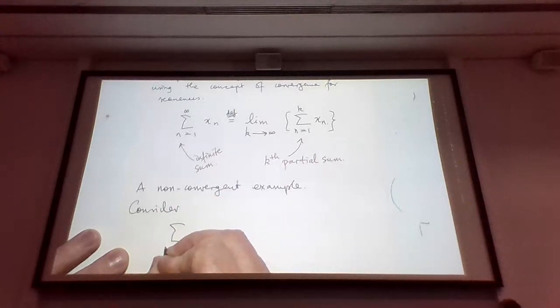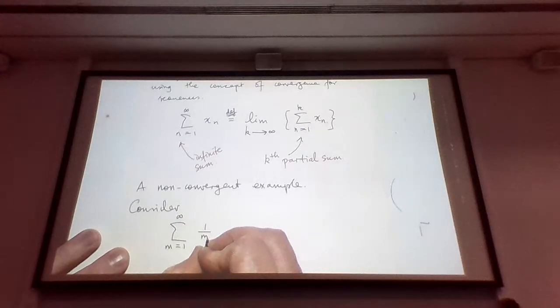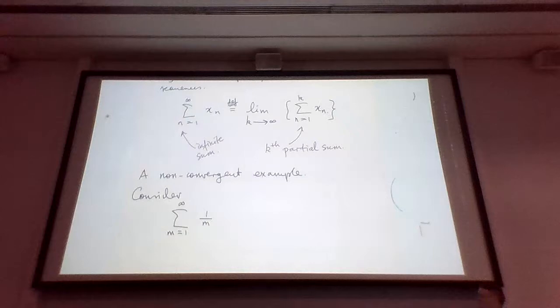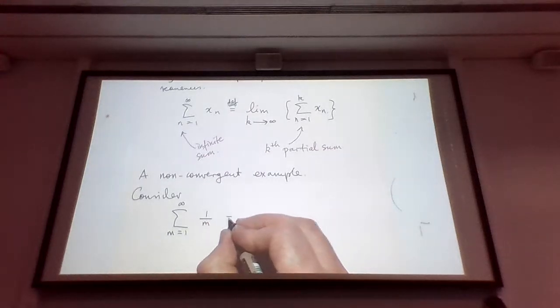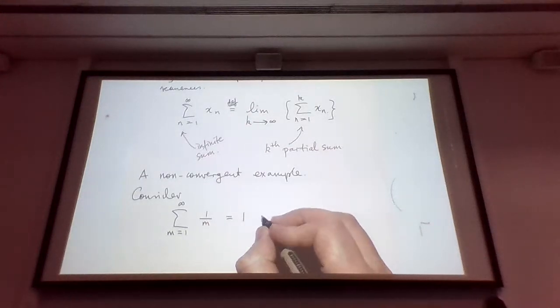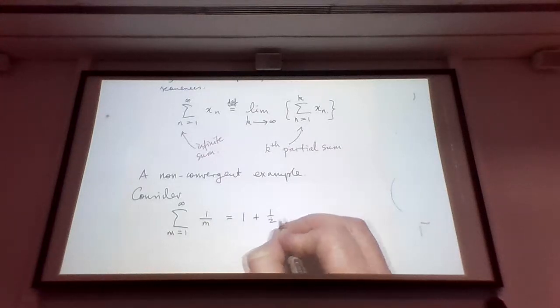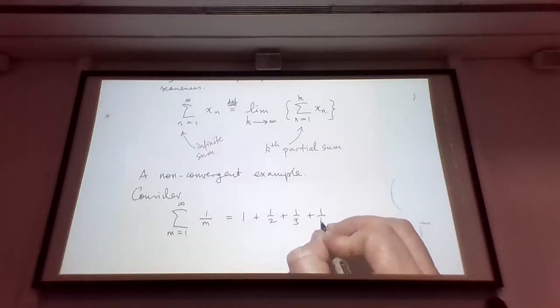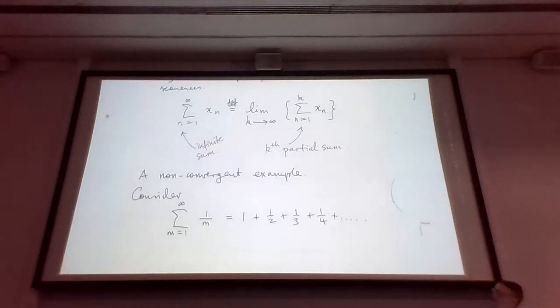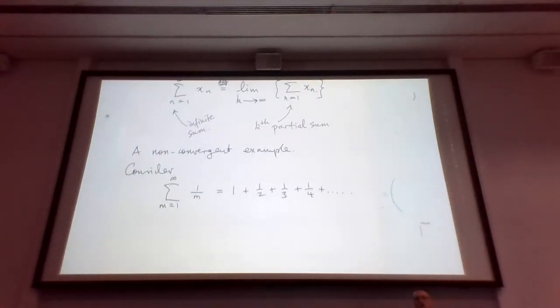So here's another sum, another series. This time we're doing the sum from m equals 1 to infinity of 1 over m. So that's 1 plus a half plus a third plus a quarter, etc. On the face of it, this bears a lot of similarities to adding up the powers of a half.